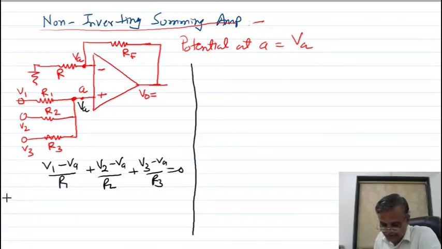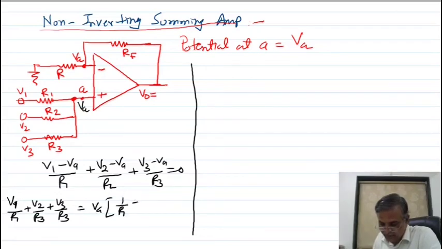So I can write V1 upon R1 plus V2 by R2 plus V3 by R3 is equal to VA into bracket 1 upon R1 plus 1 upon R2 plus 1 upon R3.